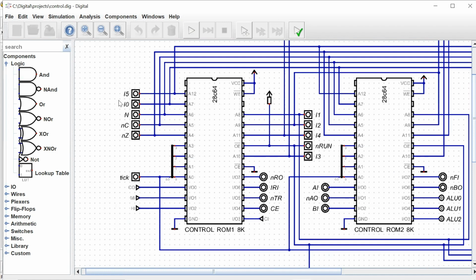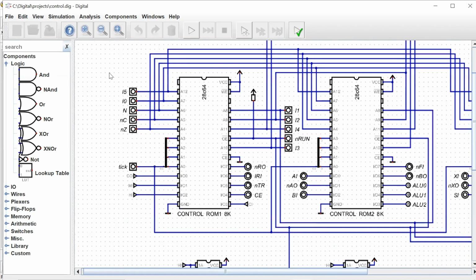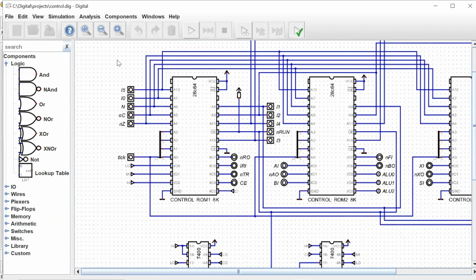And then the top 6 bits come from our opcode, and those make up the highest 6 bits in the address space. Okay, so that's how that is used.